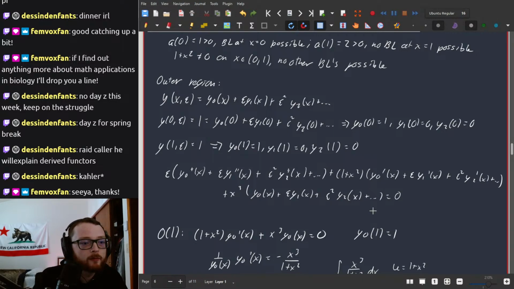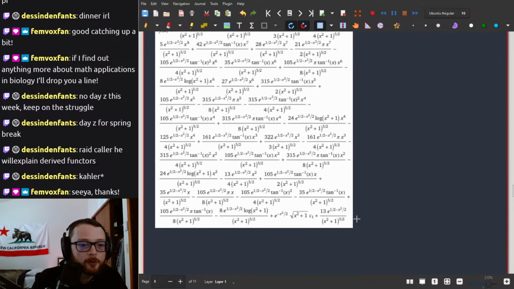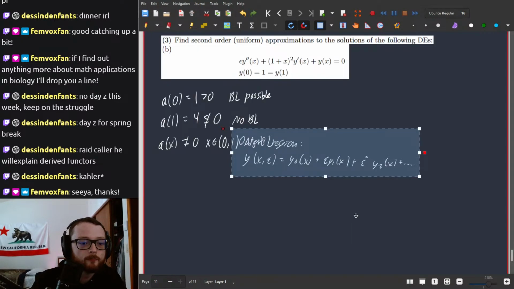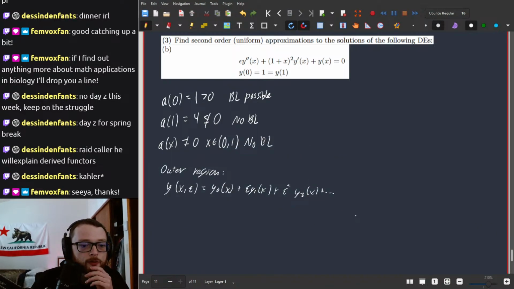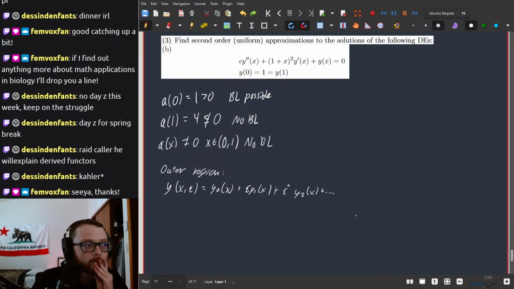I guess we're going to figure out our boundary conditions. So the outer region is going to be the region away from 0, because that's where we think the boundary layer is going to be. And I want to translate these boundary conditions into boundary conditions for this expansion.